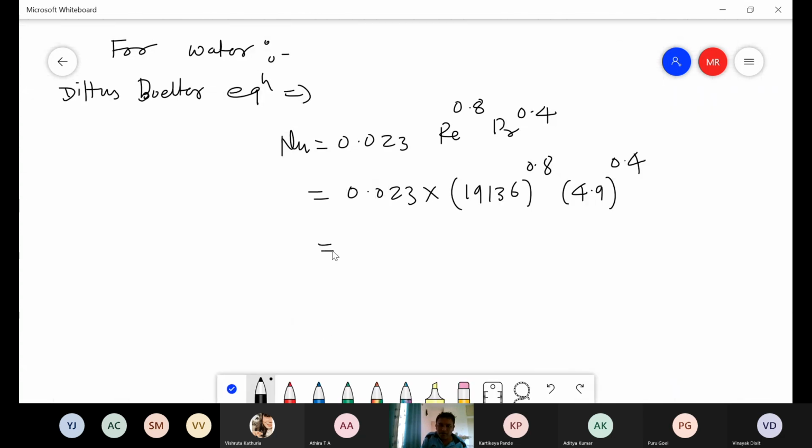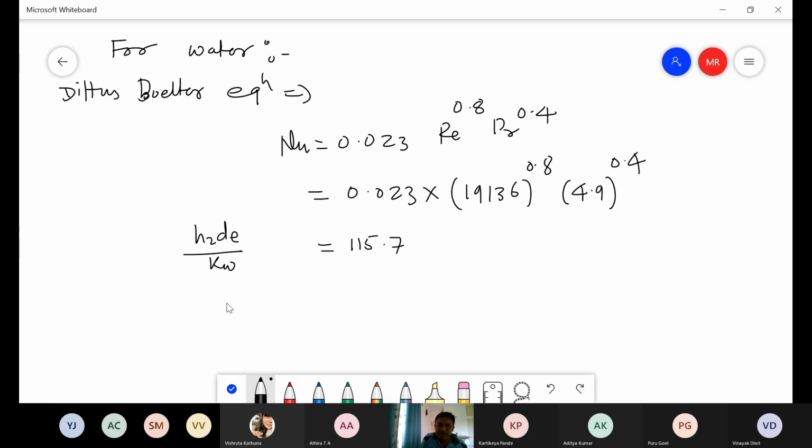So the Nusselt number is calculated here as 115.7. And this will be given as what? h2 de by kw, isn't it? Because the Reynolds number is calculated in terms of the equivalent diameter, therefore this Nusselt number is also represented in terms of the equivalent diameter.